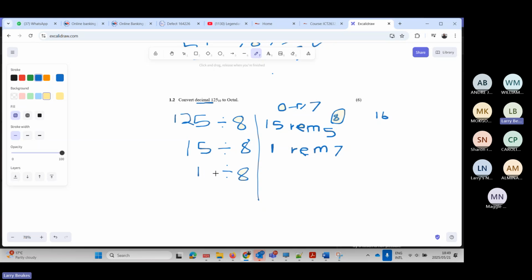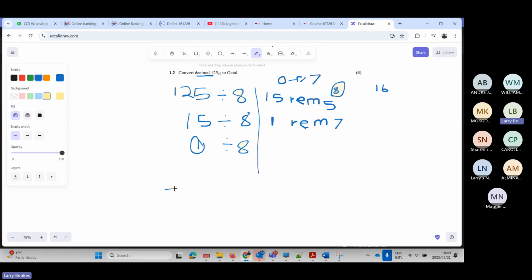So our answer is gonna start from this one. Yeah? I will show you. So now, this is what you do. So your remainders are your answers here, right? So the answer is going to be 1, 7, 5, right?